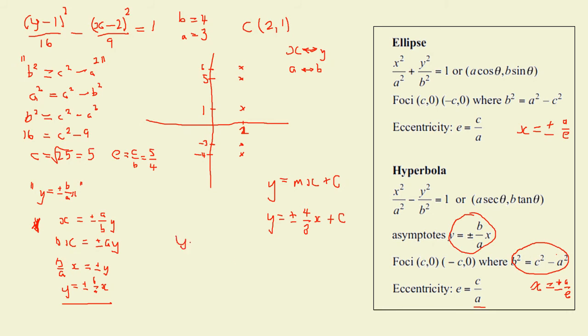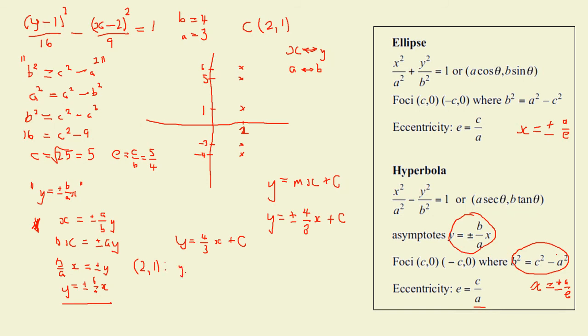So let's start with y equals 4/3 of x plus c. Now I know a point that's on that line. The center is on that line, 2, 1. The asymptotes are going through that center, remember. So I'm going to use my point 2, 1 to see what that's going to tell me that c is.